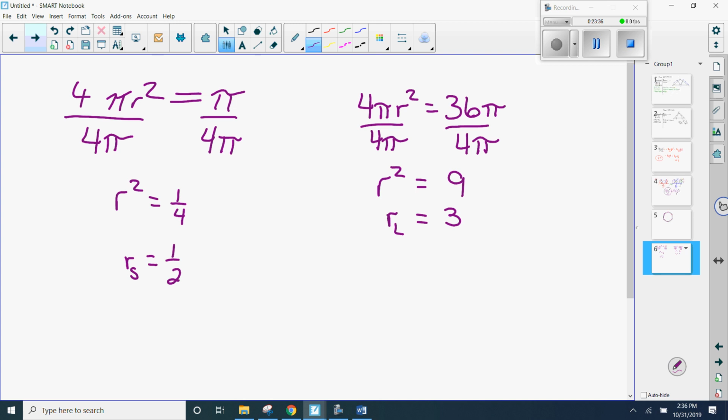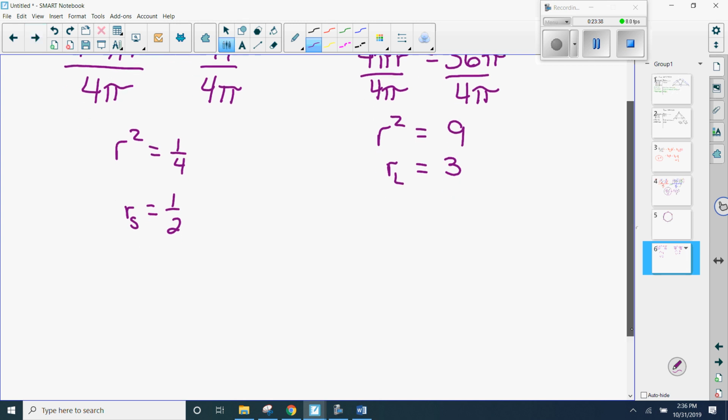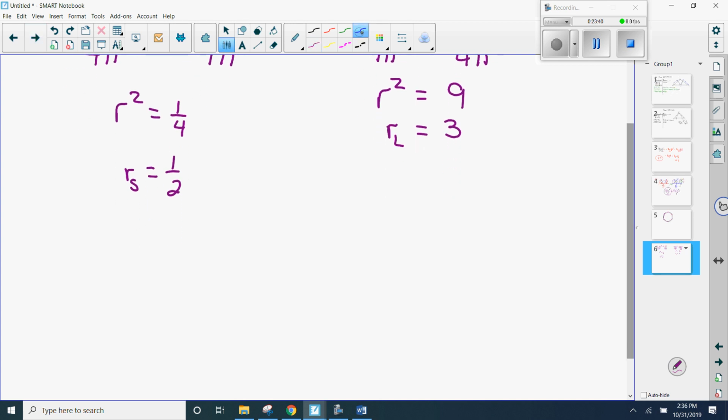Okay, we had to do that because they just want to know what is the difference in the volume of the two spheres. Okay, but what is the formula for volume of a sphere? 4/3 pi. So we had to know what that volume was.